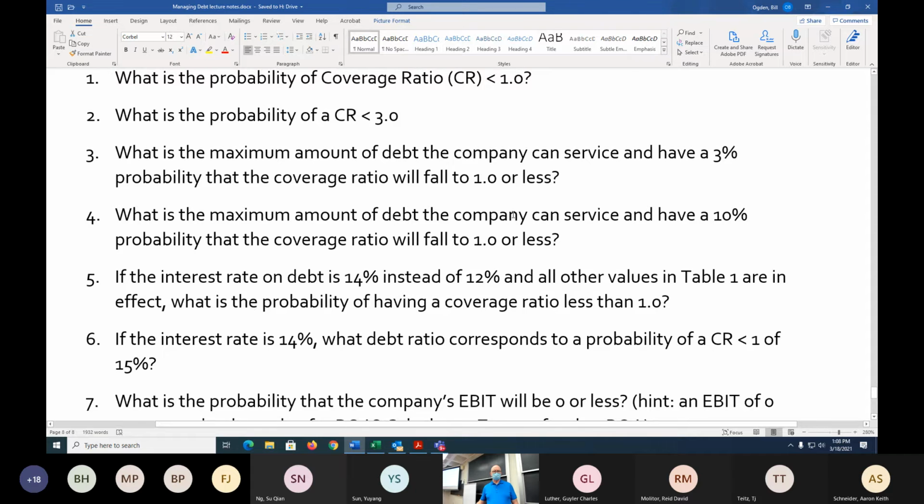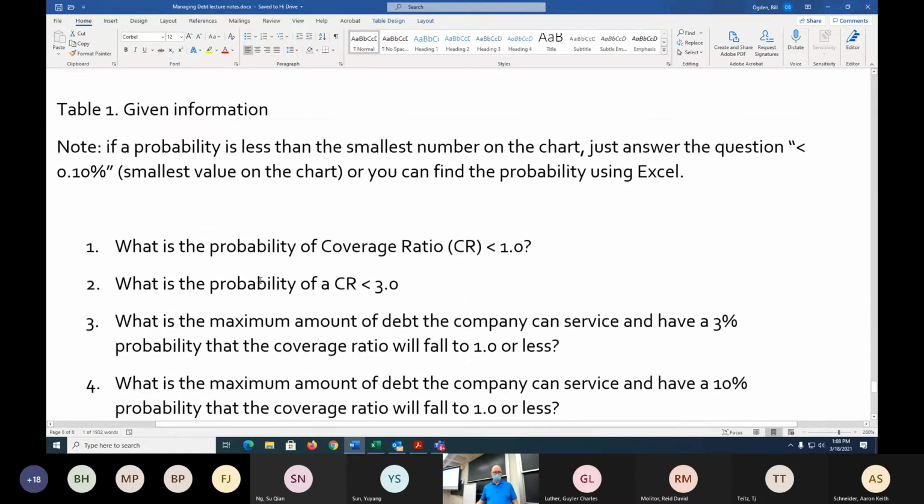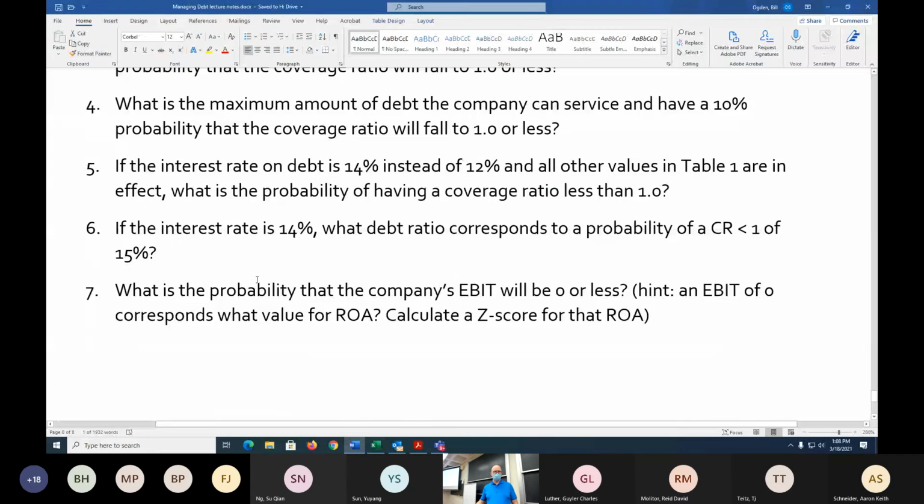All right, then, how sensitive? We're starting out with a 12% interest rate. How sensitive is this calculation to the interest rate? All right, so we're going to rework. So number 5, you just rework number 1, except use 14% instead of 12. That's all you got to do for the interest rate.